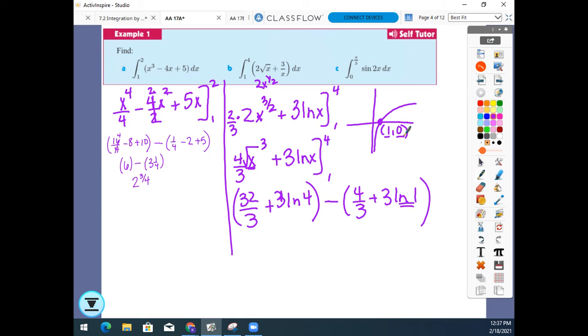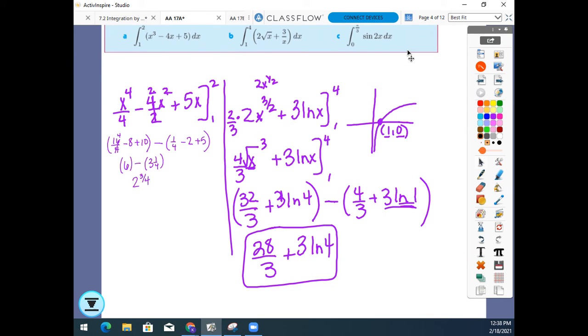That's something that's just really good to know. So this whole thing is 0. So I can take 32/3 minus 4/3, which is 28/3, plus 3 ln 4. Okay. All right, I'm going to shrink all of that.